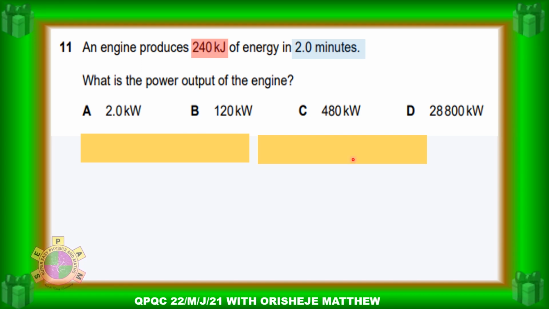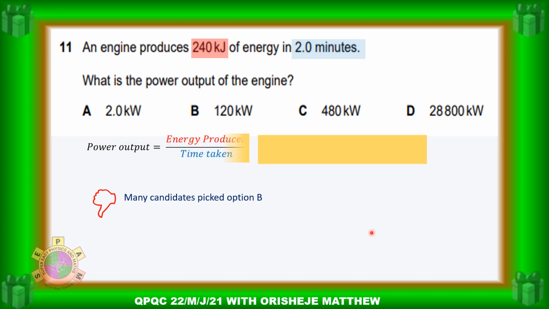Question 11. An engine produces 240 kilojoules of energy in 2 minutes. What is the power output of the engine? Now let's see, many students pick option B. What is the possible reason? You know what they did?